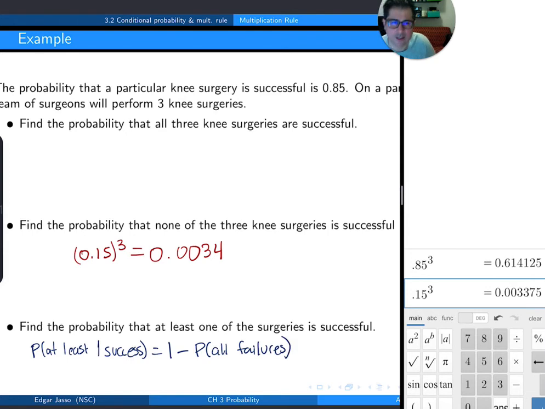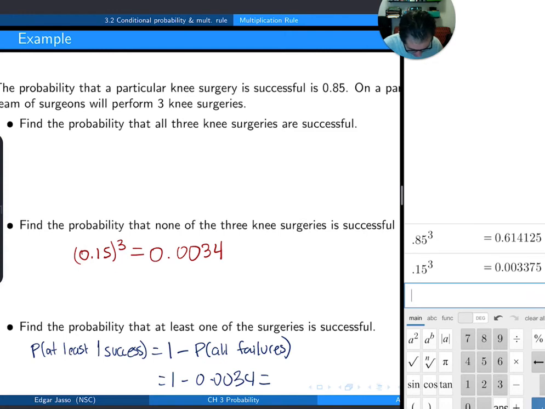I hope you see that, right? If it didn't happen that all three were non-successful, it means exactly what the third question is asking, right? So they're complementary, and that's something we saw in the beginning of probability. So it's going to be 1 minus my last answer. So it's going to be 1 minus 0.003.